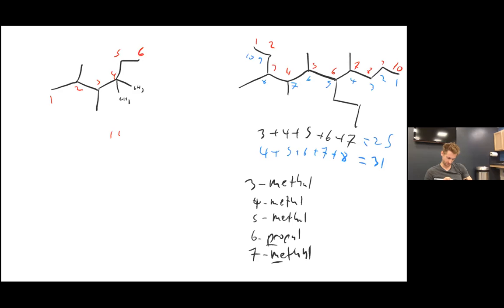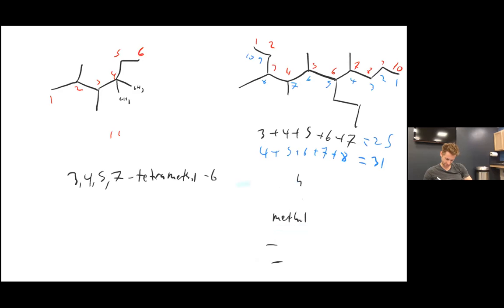We've got 4 of them, so this is a 3, 4, 5, 7 tetramethyl, 6 propyl decane. Because the longest chain is 10 carbons.